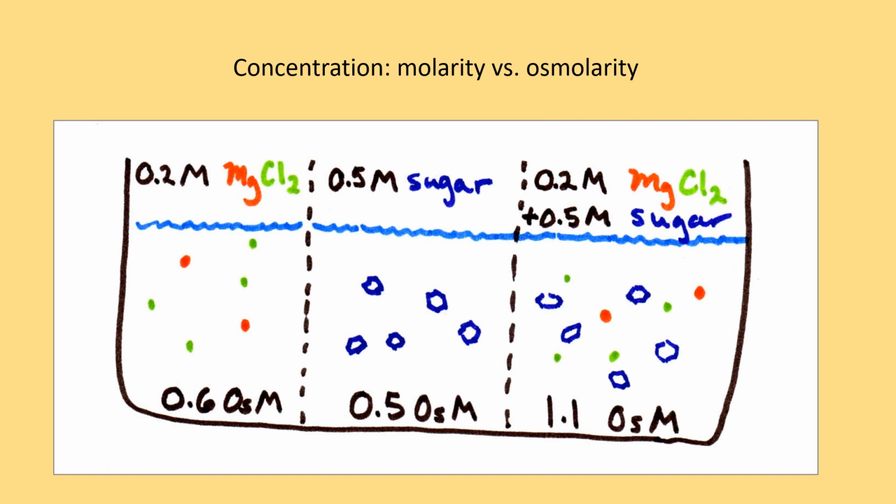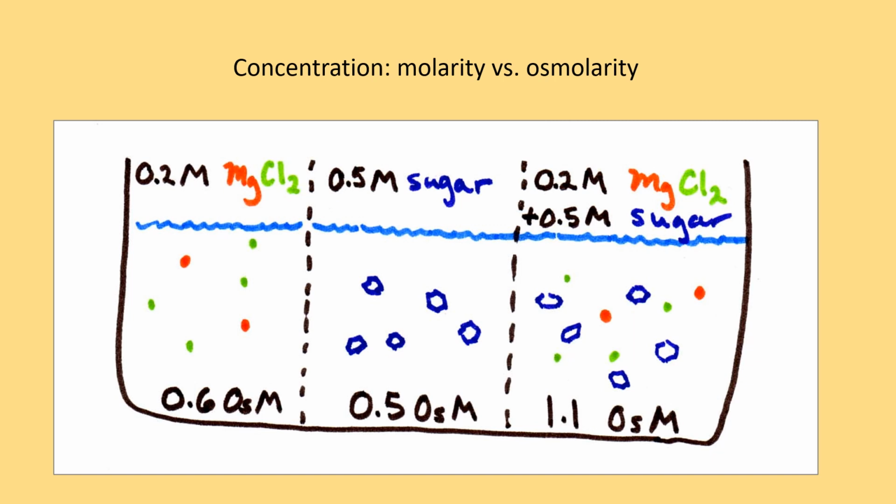Let's do another one. In the middle solution, our solute is sugar. I'll just insert the word glucose. Glucose is one type of sugar. And we have a 0.5 molar glucose solution. That means we took half a mole of glucose and added it to a liter of water. And when glucose goes into solution, it doesn't give rise to different particles.